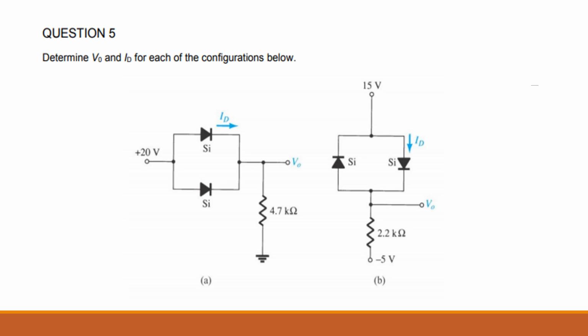Am I right? So here the voltage is 20, and when you come across this, it is 20 minus V0. And this is 0, isn't it? Ground. You can consider this like this.